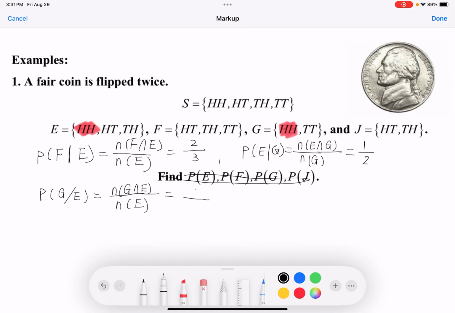Let's put 1 on the top. How many elements in E? We have 3. Let's put 3.